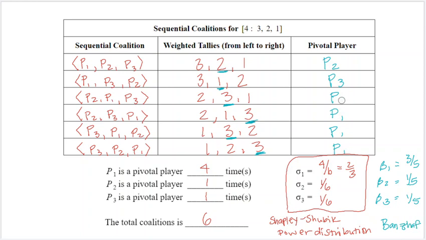So you can see that both of these agree that player 1 has the most power. They agree that players 2 and 3 have an equal amount of power, but the fractions are not identical. Okay, so you will get similar results with the 2 different power indices, but they will not necessarily be identical.